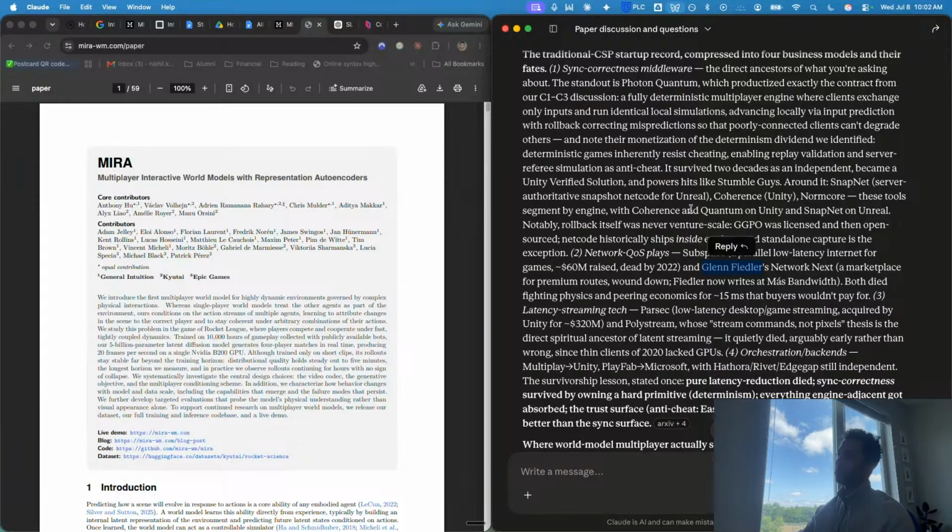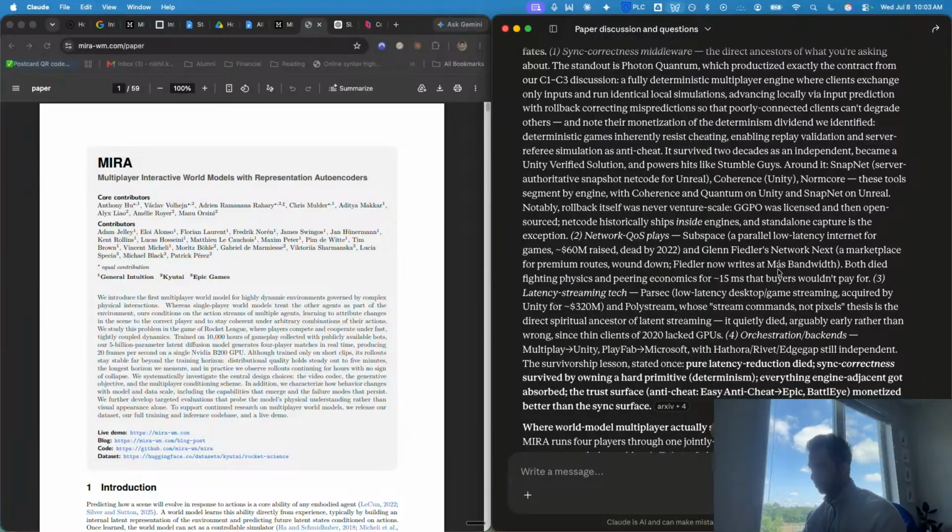And he has some post online where he shows that the round trip time can decrease from low hundreds of milliseconds to sub 100 milliseconds using his infrastructure. So that's another approach: make the internet faster instead of building the synchronization layer. And also, I don't think this is correct. Network Next still exists, so the died label is false.